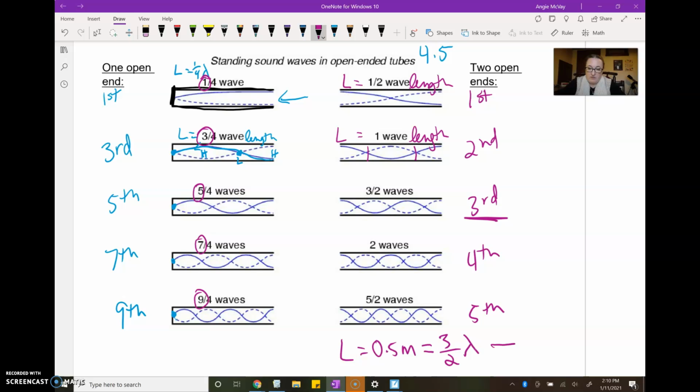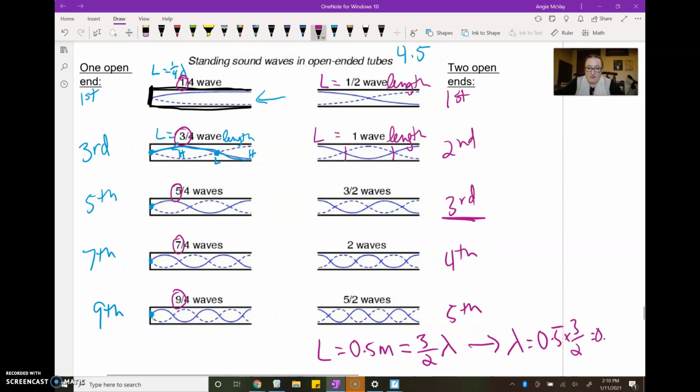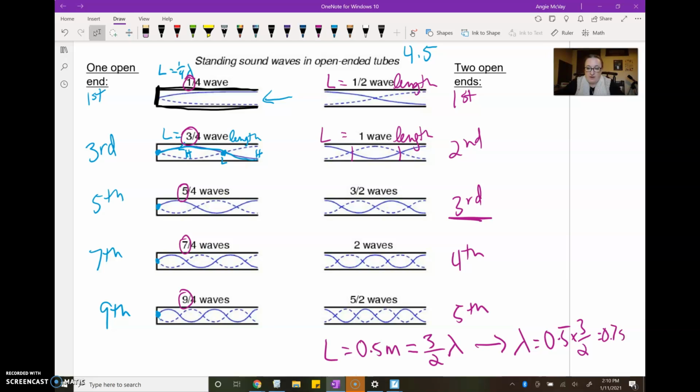And so that means that the wavelength is 0.5 times 3/2, or 0.75 meters, right? You can find the wavelength from that.